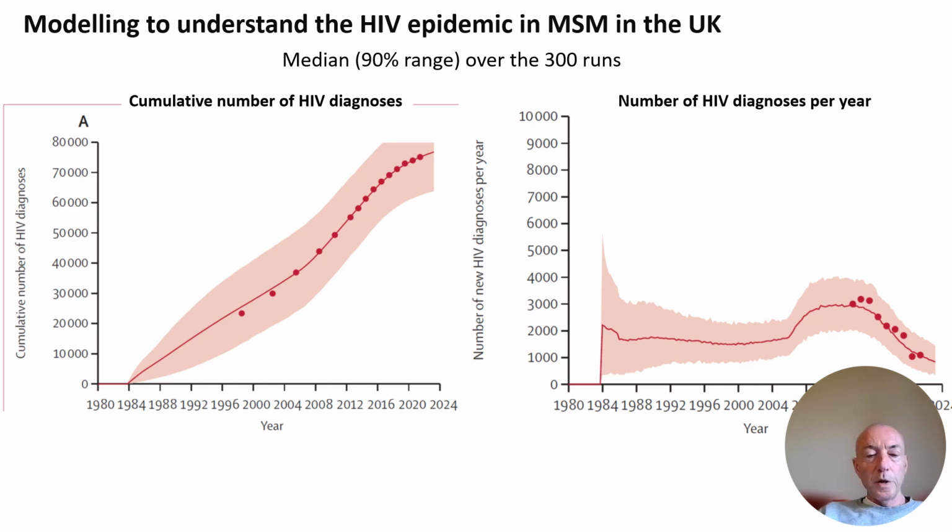The red dots are the data on the left, and the red line is the median over these 300 runs that we considered the model outputs to be close to the data. And then the shaded area shows the 90% range over those 300 model runs. And on the right, you can see the same, but for the number of HIV diagnoses per year.